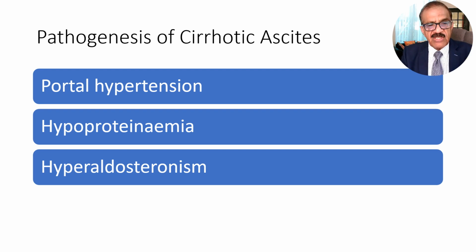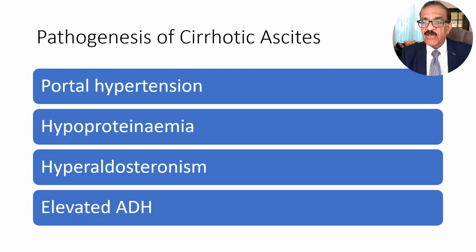So the body senses it as if there is dehydration and activates this aldosterone mechanism to retain sodium and water. And we also have elevated antidiuretic hormone in patients with cirrhosis. So all these four factors, importantly the first two, contribute to the pathogenesis of ascites in cirrhosis.